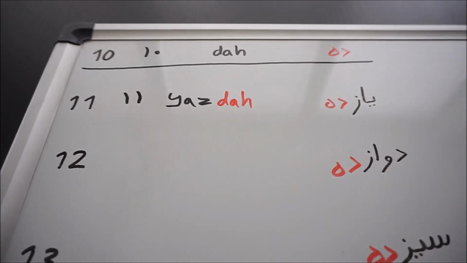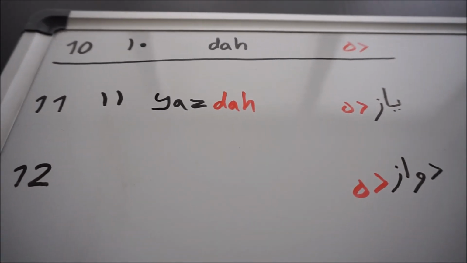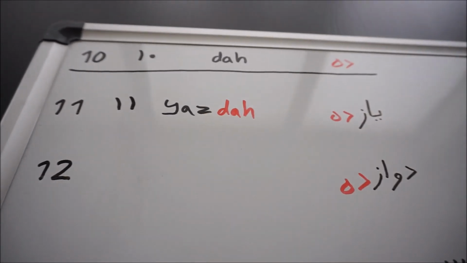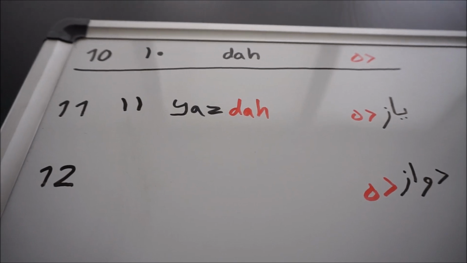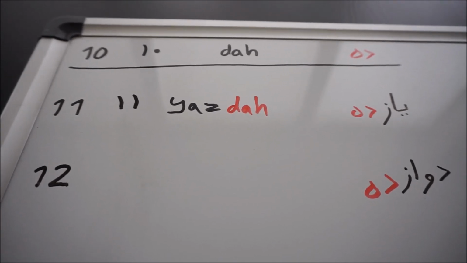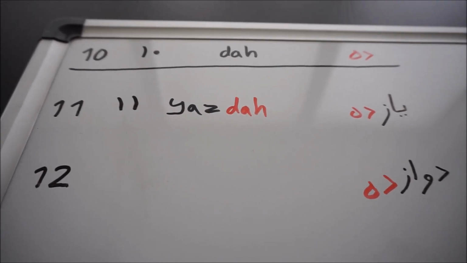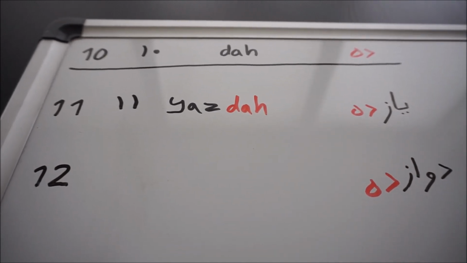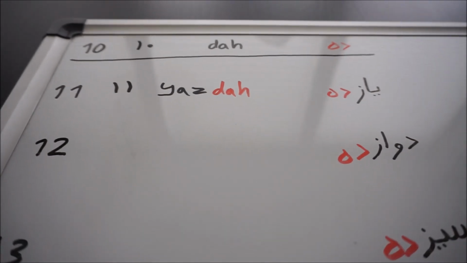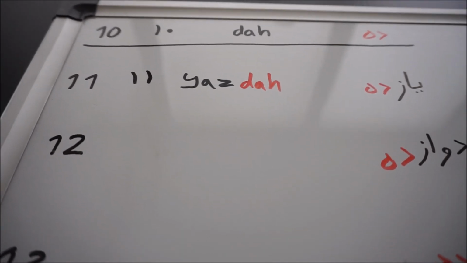So let's break this down. First we have yaz, which you can see is kind of similar to number 1, yek, but it's transformed into this other variety. So we say 1, and then we have the da, which is 10. So 1 and 10, 11. That is how this works.